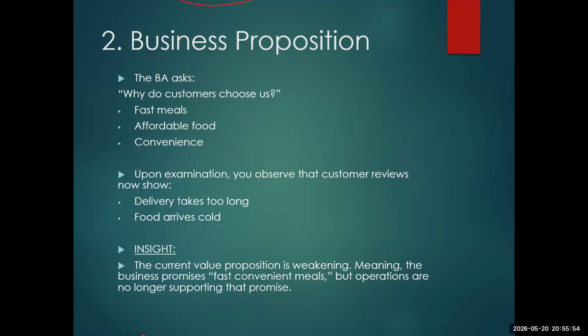And then from her observation, she finds out that delivery takes too long. Delivery in this case is not walking on. So I am here in my house and I have ordered a nice meal from this restaurant with the excitement that it will get here just in time. And it's taking so long, and by the time it gets here, the food is cold.